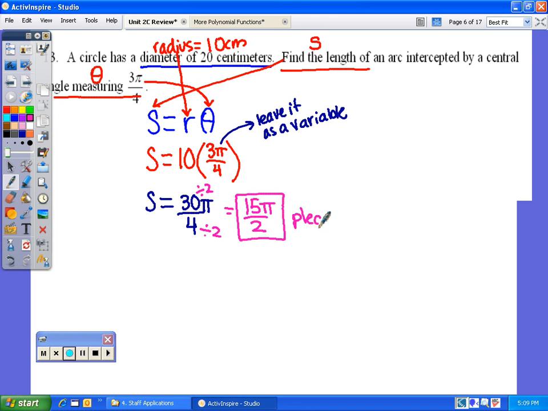Please, no decimals. And also make sure that you put your unit, which is what I forgot, and it's centimeters. You do not want me to take off points because you left off your unit. That's pretty much something you'll see tomorrow. This was not a hard question.